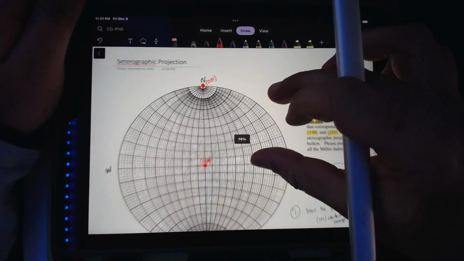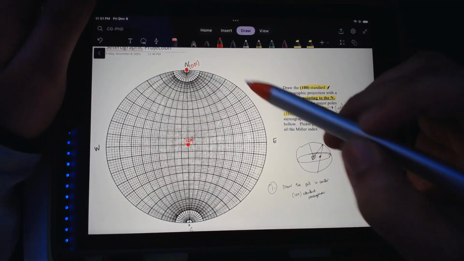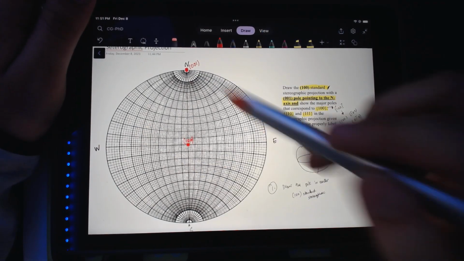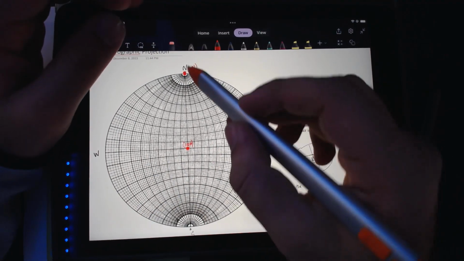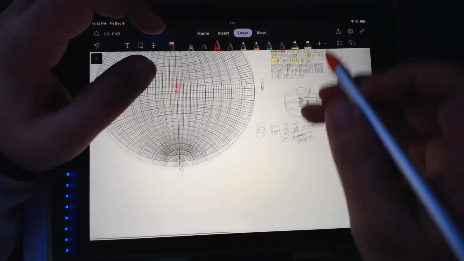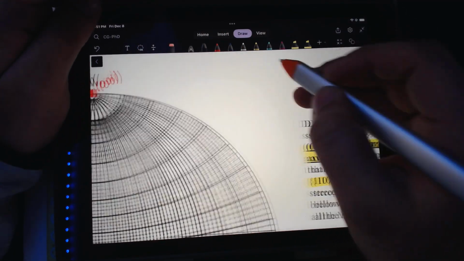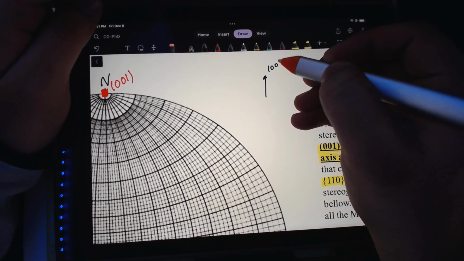Alright, now with these two poles drawn on the projection, we can think about how to fill the east, south, and west. Let's look at these values. What this means is that the north axis is 001.